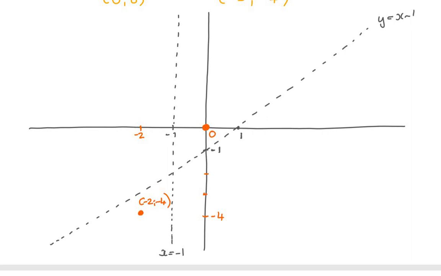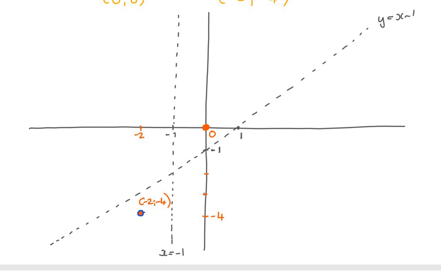Okay, so let's look at options. Let me draw options in blue. This is a stationary point. It's either a local minimum or a local maximum. If it's a local minimum, I suppose it could be where the graph goes flat, and I have to tend towards the vertical asymptote.